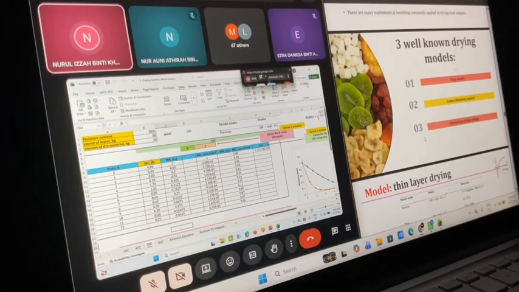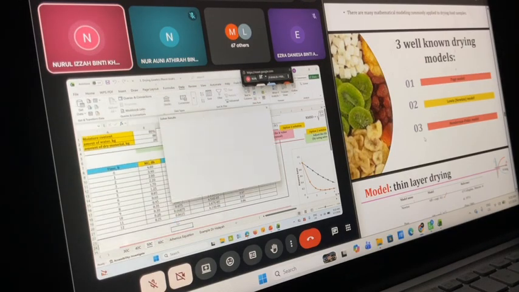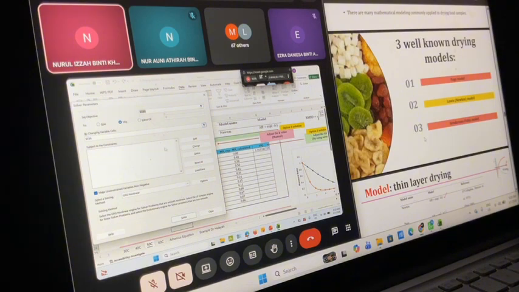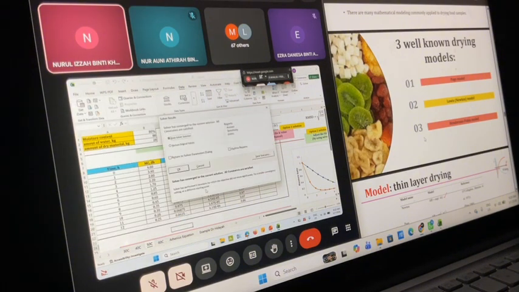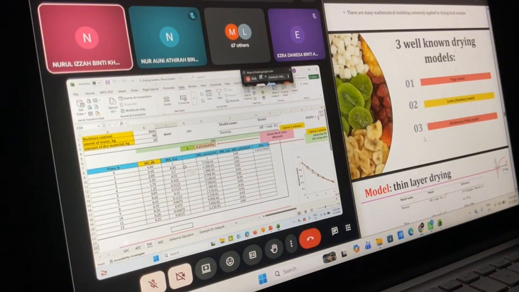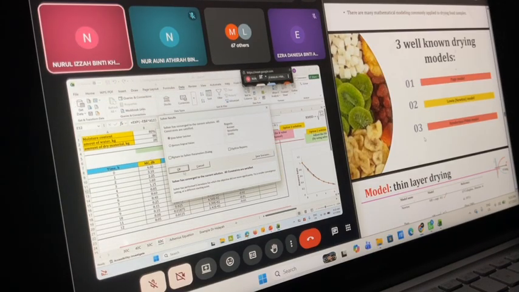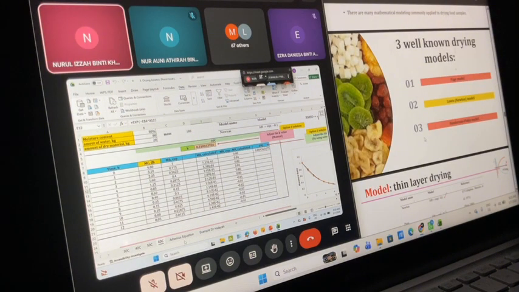And also here for 50 degrees C, you put the data. And also for 50 degrees C, Solver, you put it. And then you get the value of k. So you get the value of k for each temperature.